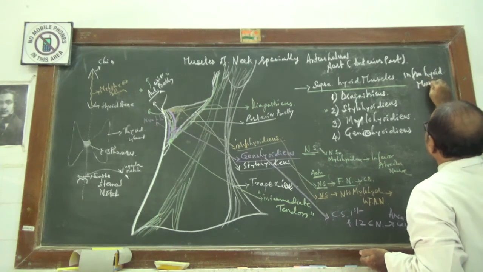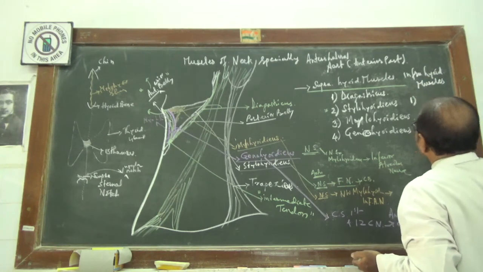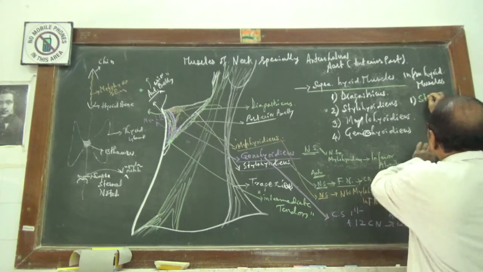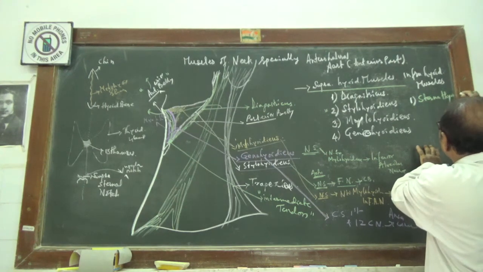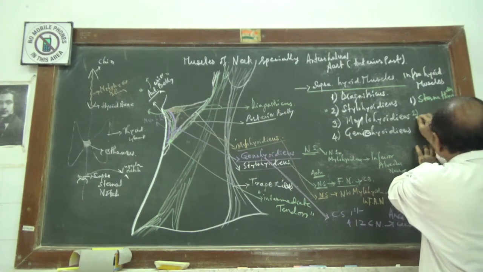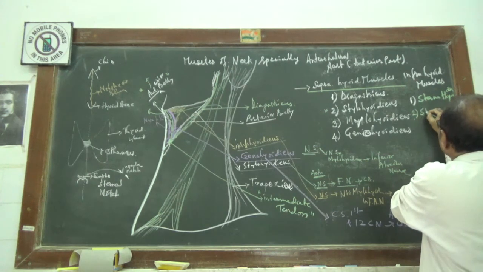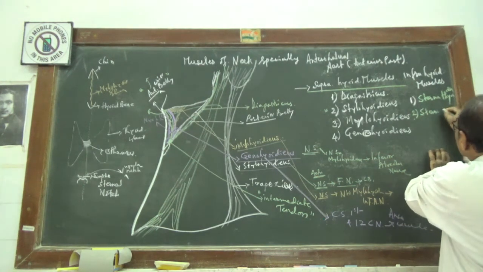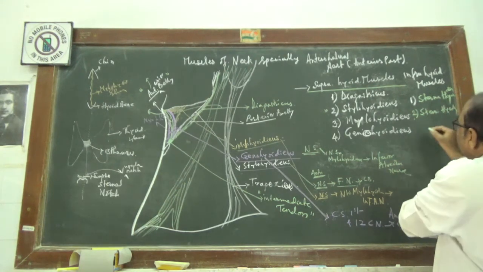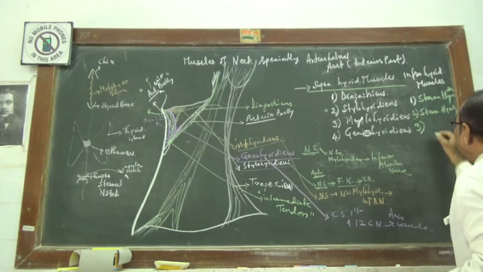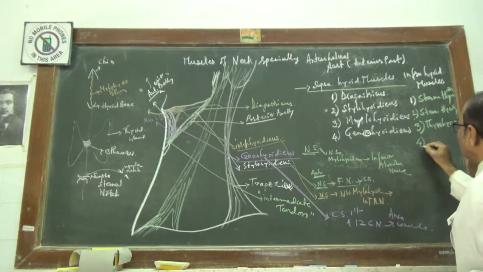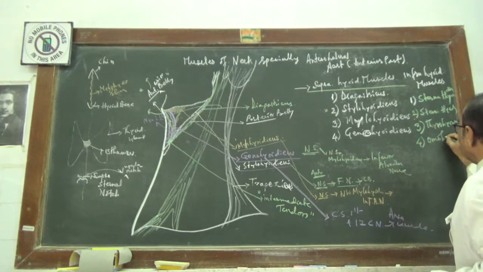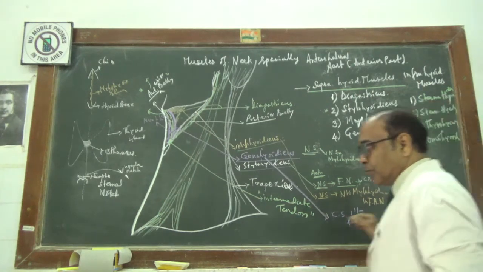If you take the infrahyoid muscles, they are: sternohyoideus, then sternothyroideus, then thyrohyoideus, fourth omohyoideus. So these are the four you will get.